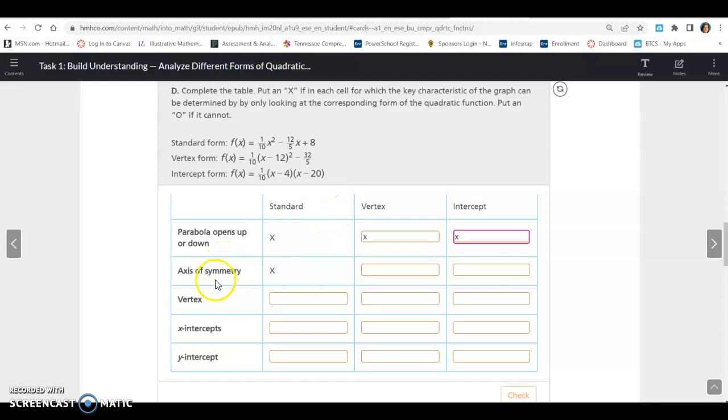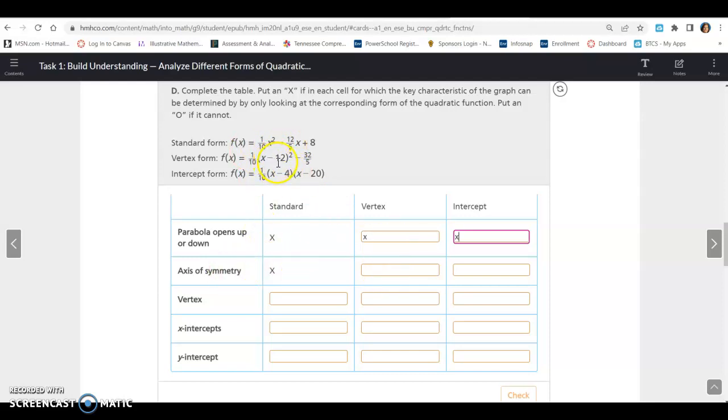All right, so axis of symmetry. So in standard form, your axis of symmetry, I would think that you have to find the vertex first, so I'm not sure why they have an X there, but let's look at vertex form.